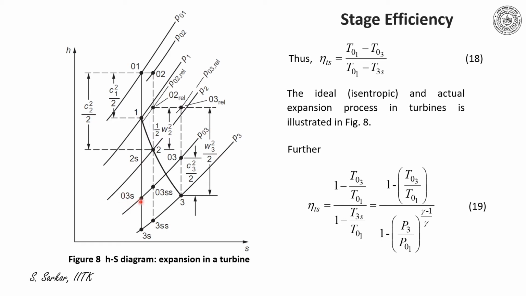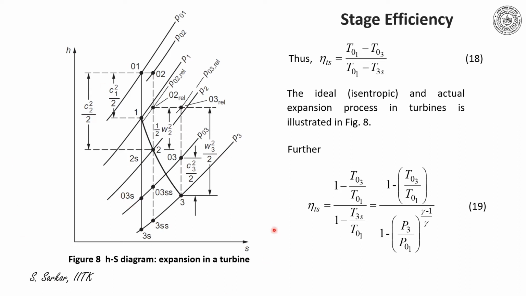So 03S is the isentropic total temperature at the end of the stage. Thus please note that 3S denotes the static temperature and 03S is the total temperature at exit of the stage.